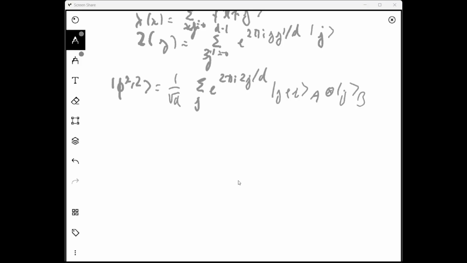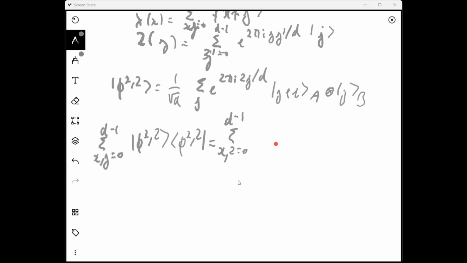And so if we get back to our calculation, we have the sum over x z from 0 to d minus 1 of psi x z, which is equal to the sum of x z equals 0 to d minus 1, multiplied by we have two times our stuff, so we have this, but with g and g prime, g for the first one.